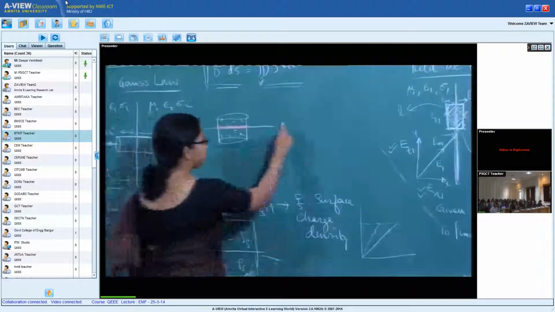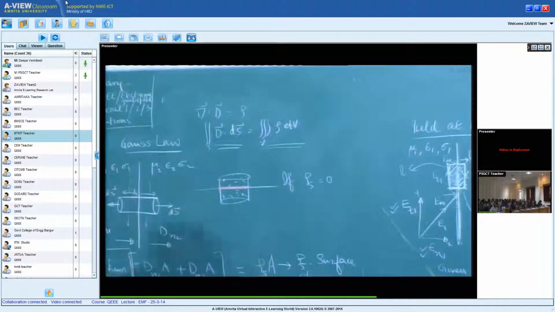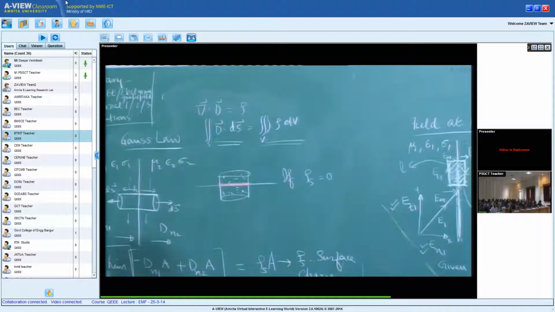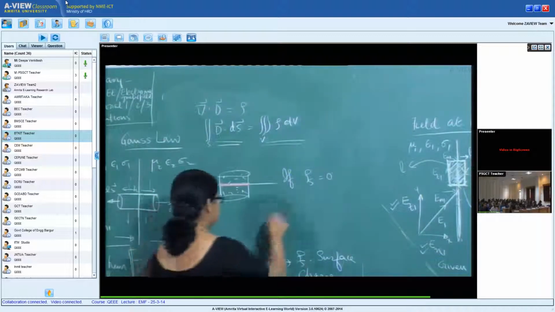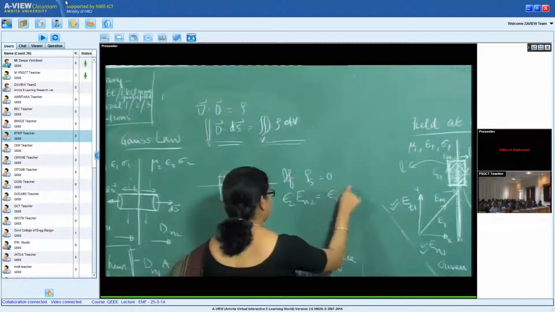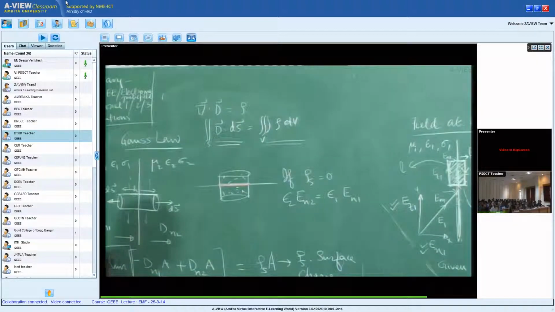But if I have a media where rho s is 0, then I have epsilon 2 En2 equal to epsilon 1 En1.